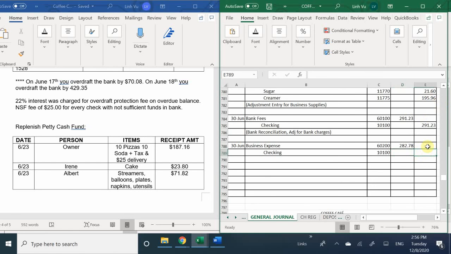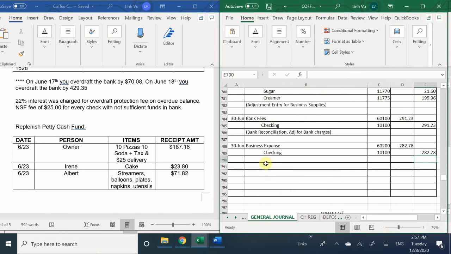So were you able to get the same exact number? The 178.16 plus 23.80 plus 71.82. Did you get the same number? 282.78? Yes. Perfect.